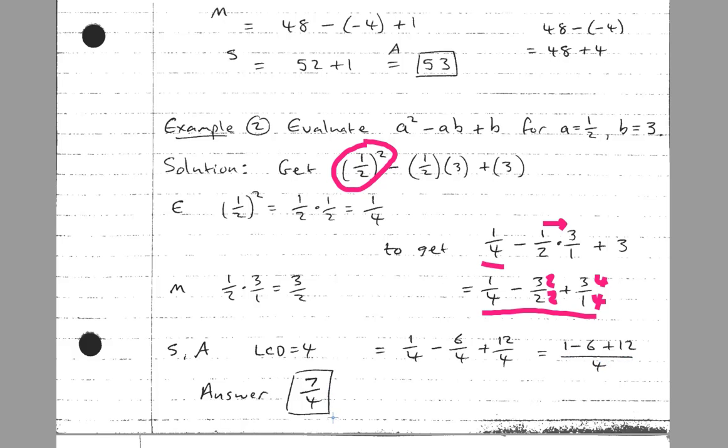That's 7/4. 1 minus 6 is -5, and -5 plus 12 is 7. So this whole thing evaluates to 7/4 when a is 1/2 and b is 3. Again, it's the same steps: substituting, and then use the order of operations to work it out correctly.